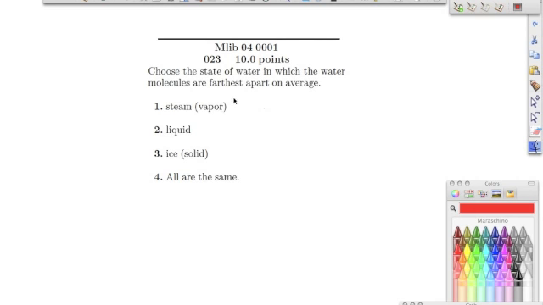And we know that in any gas of a substance, the molecules are very, very far apart. They're moving very quickly. So the correct answer would be number 1. Let's just keep in mind that if it didn't have the steam as an option, we would have to pick ice, because in ice the molecules are actually farther apart.